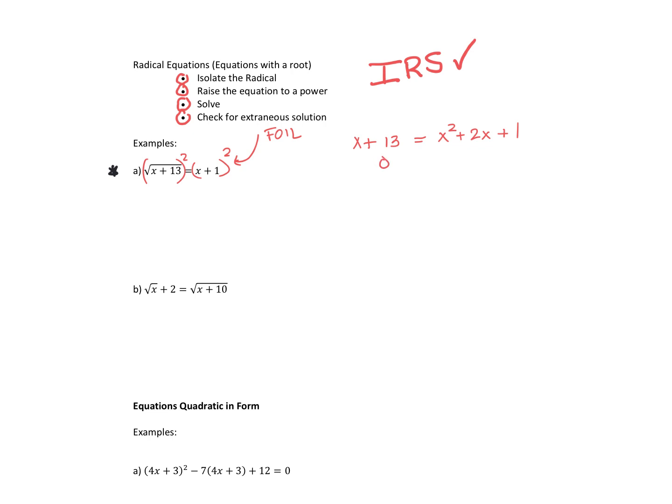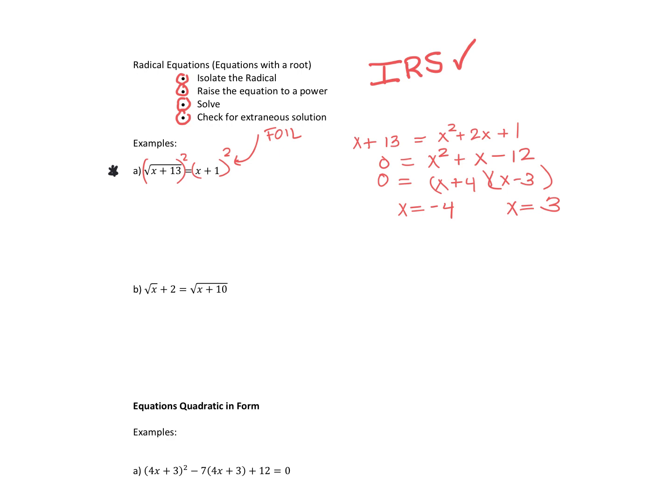At this point, I'm going to collect like terms and set it equal to 0 because we have a quadratic. And I will factor this, x plus 4 and x minus 3. So we get 2 answers, -4 and +3.